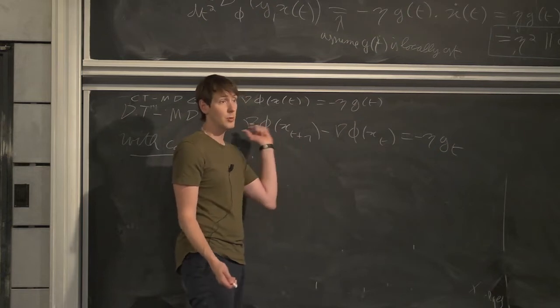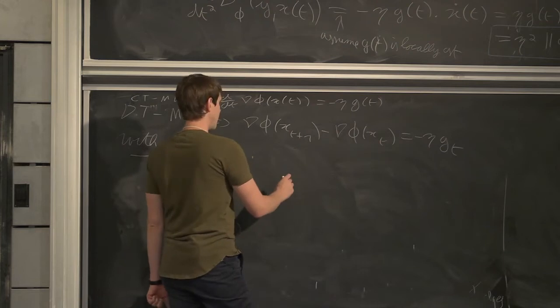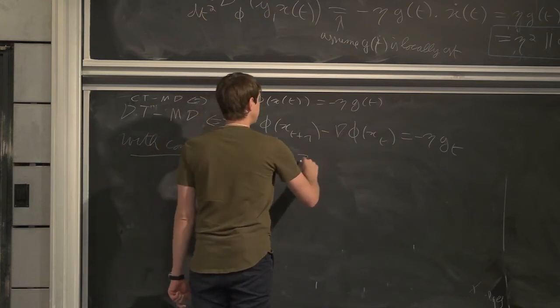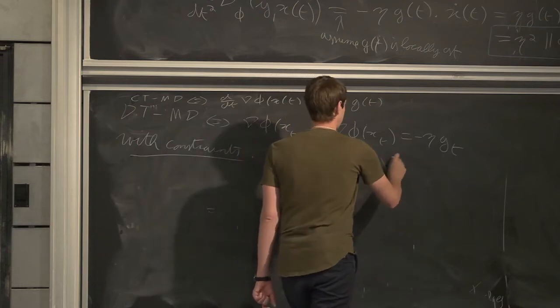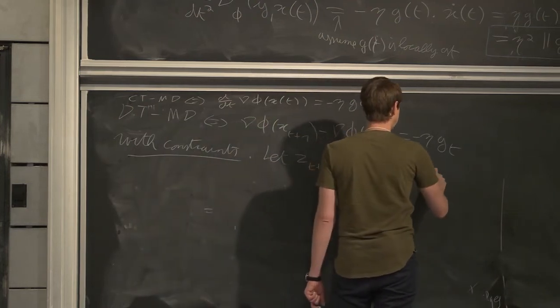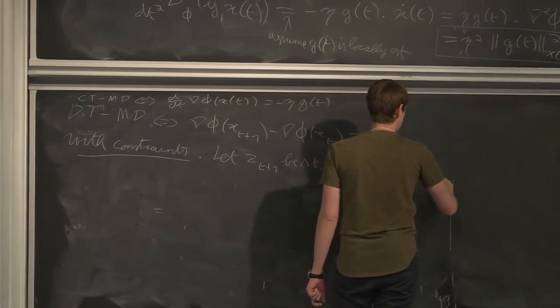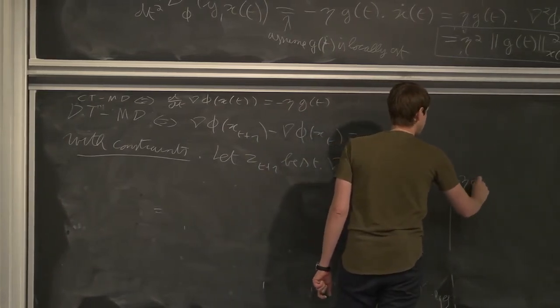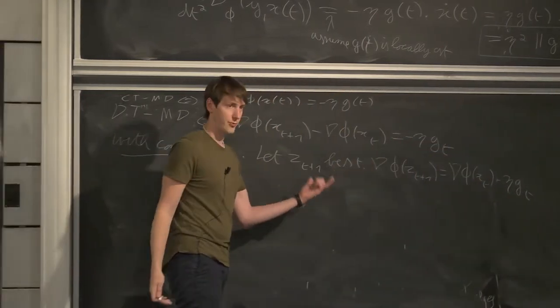This will be exactly the right thing that makes everything work, and we're going to see why. So with constraint, let zt plus 1 be such that grad phi of zt plus 1 is equal to grad phi of xt minus eta gt. Okay, so that's your first update.